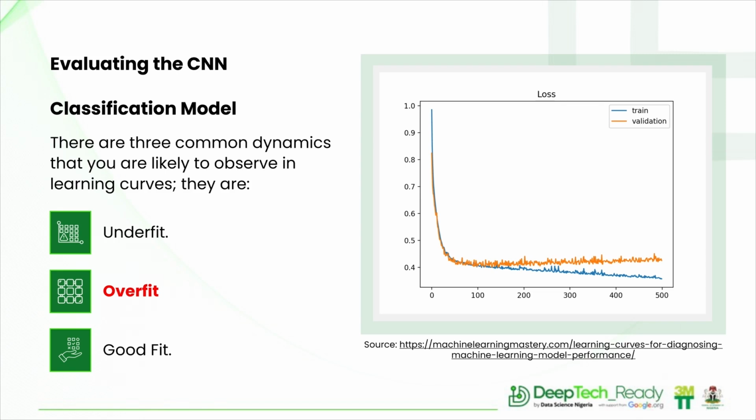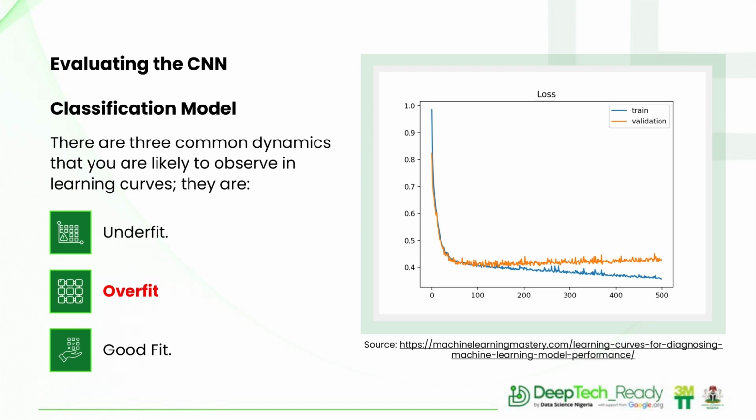It can also occur if the model is trained for too long. And from the learning curve, we can identify overfitting if the plot of the training loss continues to decrease with experience, and then the plot of the validation loss begins decreasing to a point and then begins to increase again.